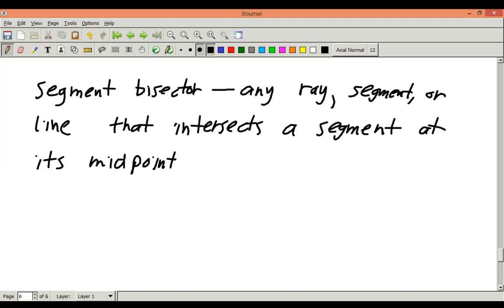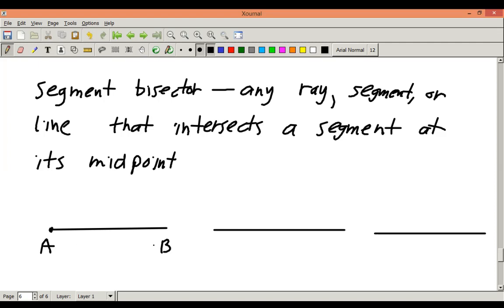So to put some examples with that, let's say that I've got segment AB here. I'm going to write that out 3 times because I just gave you 3 ways to have a segment bisector. So this is segment AB. The midpoint is M. Same thing for all these. I'm just writing a few of these out ahead of time.